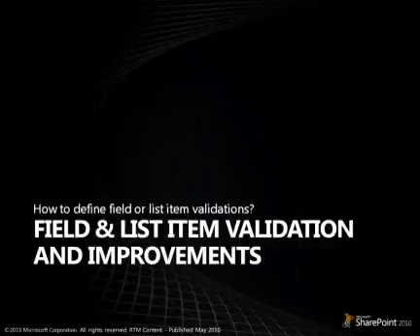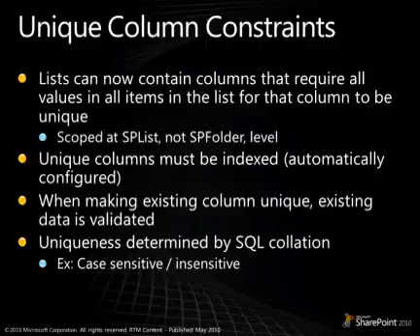We can also define unique column constraints for list columns which we are using within our lists. So the list can now contain columns which require all values in all items within the particular list for that particular column to be unique. This can be configured for the field level, so it applies in the list level, not in folder level.